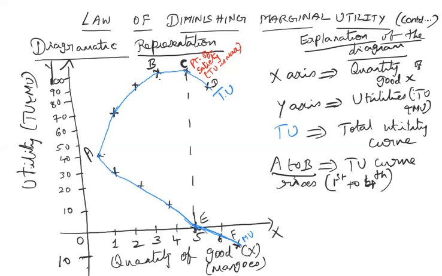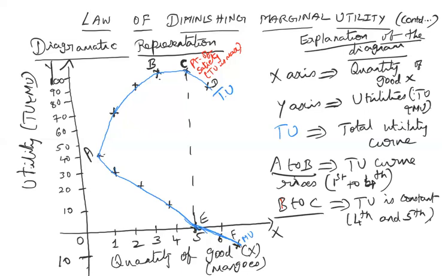Then afterwards, what is happening? From B to C, the total utility is constant. That is, the consumer is not gaining any extra satisfaction. So the total utility is remaining constant between the fourth and fifth unit. And then what else is happening at the fifth unit?